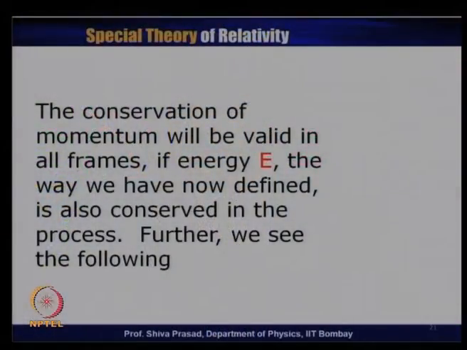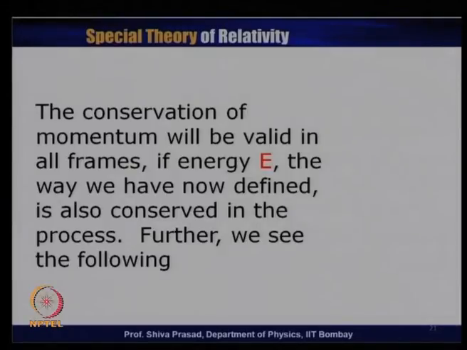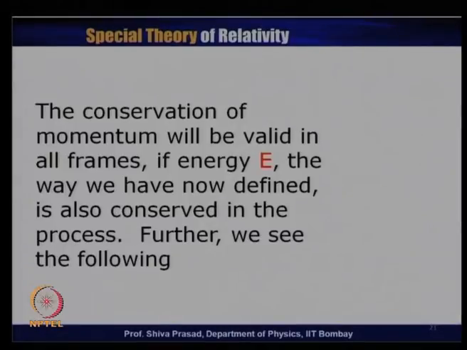So what we said, let's repeat now. The conservation of momentum will be valid in all frames if energy E, the way we have now defined, is also conserved in the process. So you must have both momentum and energy conservation, unlike the case in classical mechanics, where there are certain phenomena in which we were not conserving the energy, and in certain phenomena we were conserving energy. In fact, strictly speaking, in those phenomena also the energy is conserved.